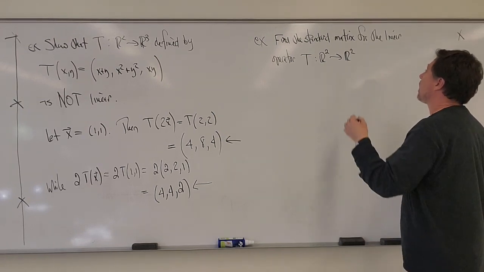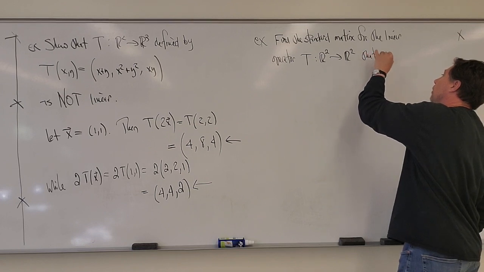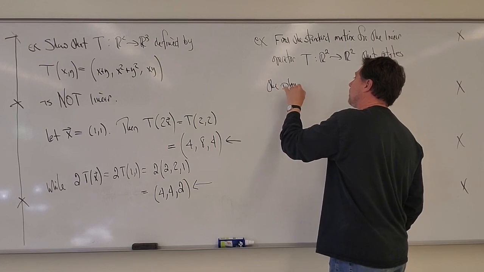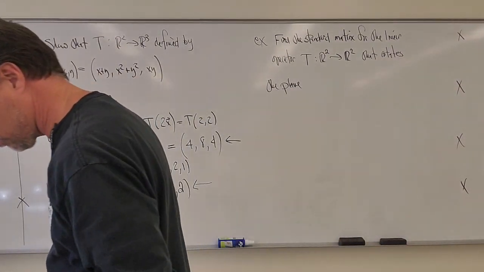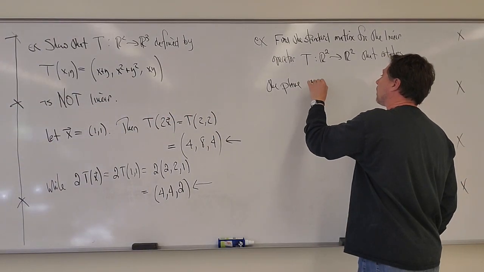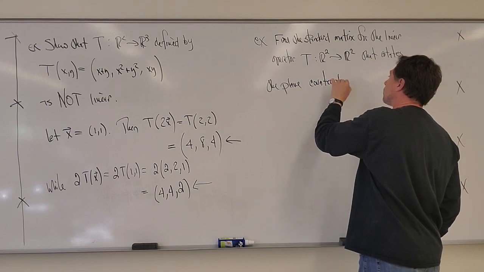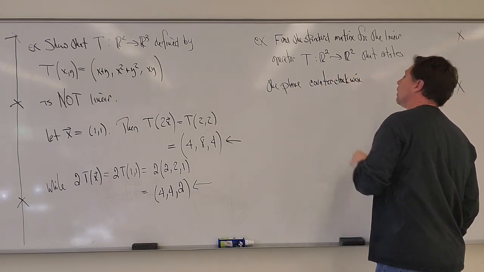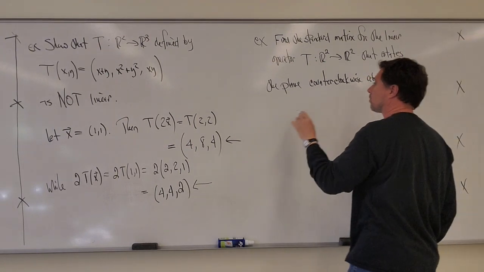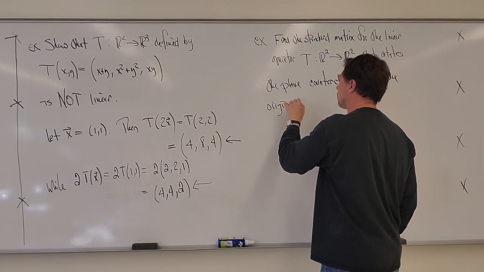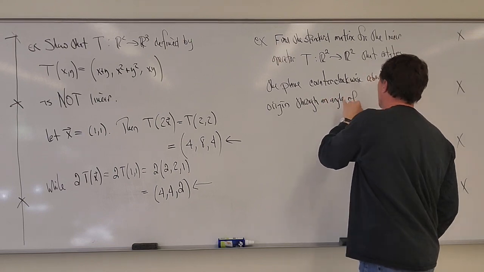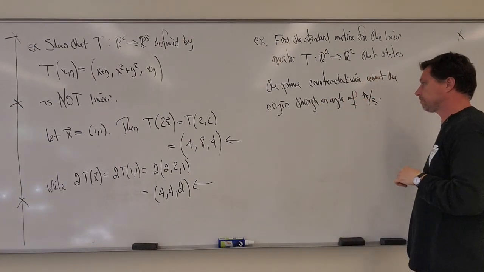So for the linear operator that rotates the plane, and I want to go counterclockwise, about the origin, through an angle of pi over 3.